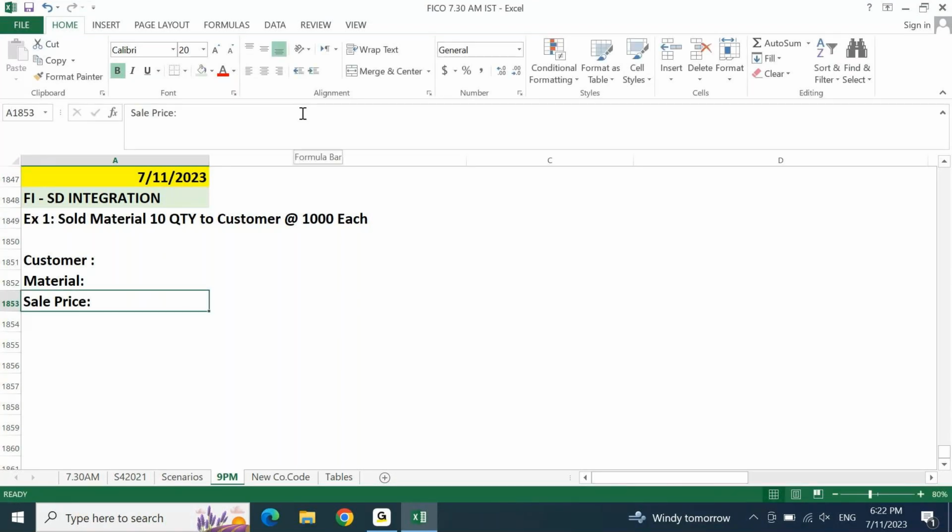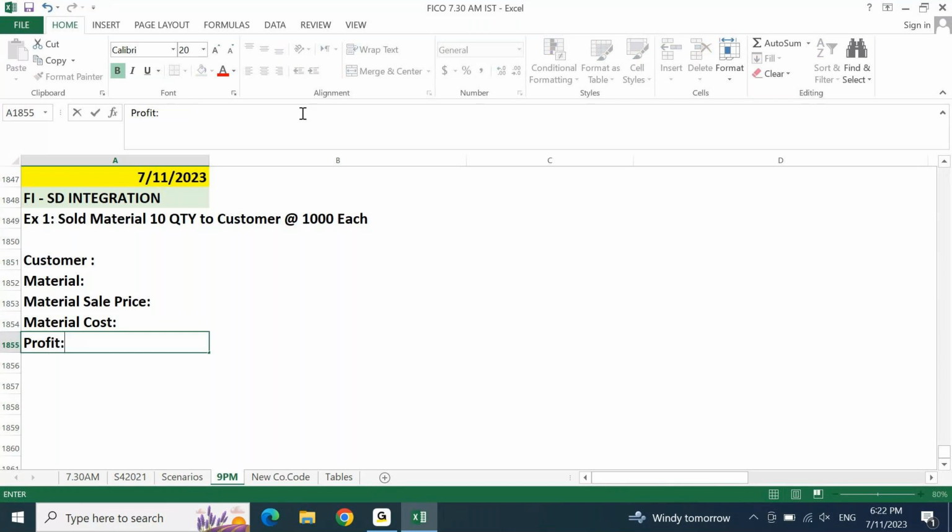Or instead of this, I'll put material sale price, then material cost, and then profit. That's it.